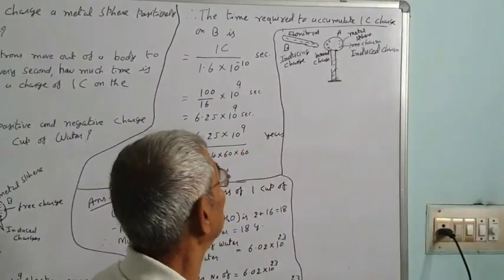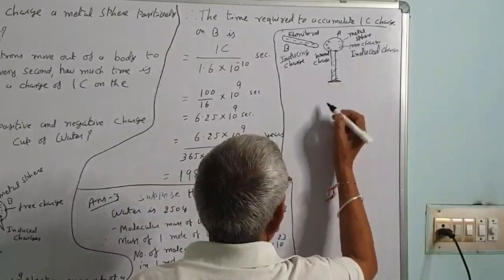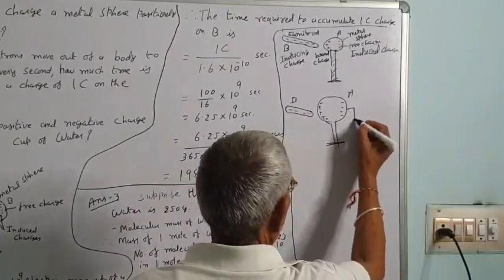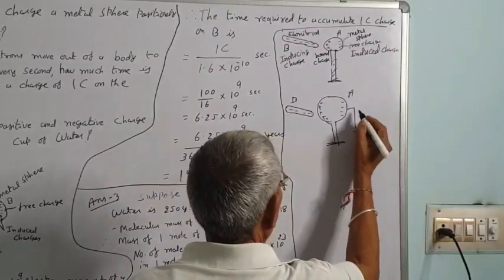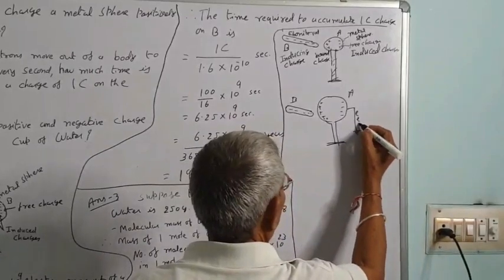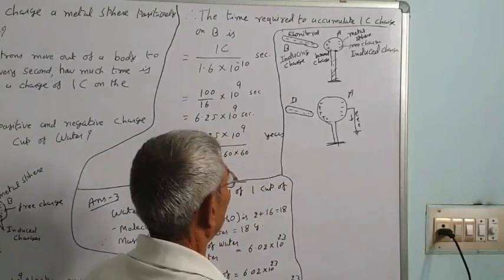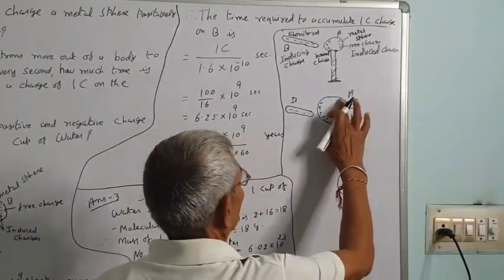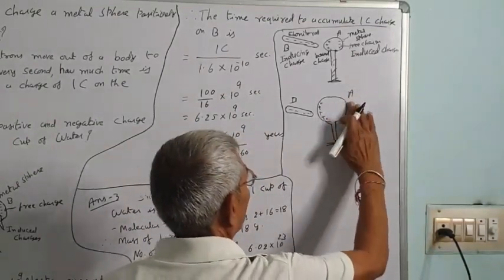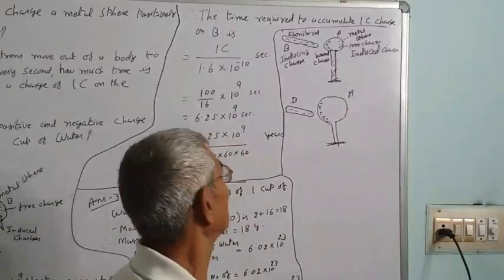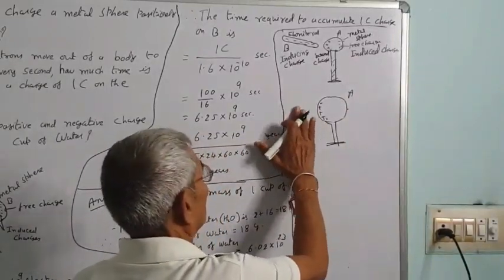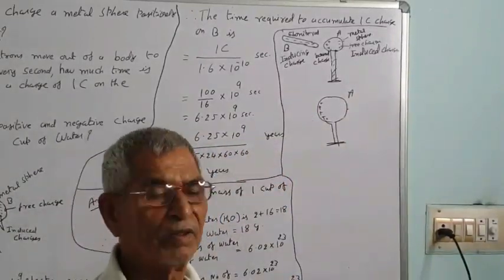Or you can make earthing also. If you make the earthing or momentarily touch, the electrons will go into the earth. Remove the earthing and remove the ebonite rod.